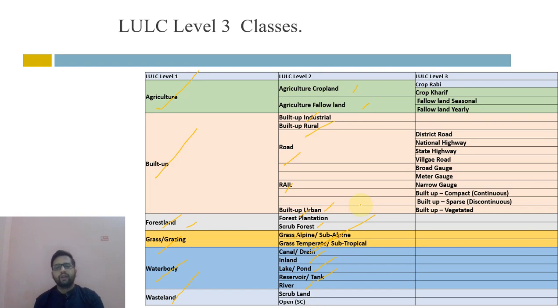So when level 2 classes are categorized into minor classes, that is called the level 3 classes. Agriculture crop is divided into two categories, that is crop Rabi and crop Kharif. Crop Rabi means the crop growing in the winter season, or the crop growing depending on the irrigation system, that is called crop Rabi.